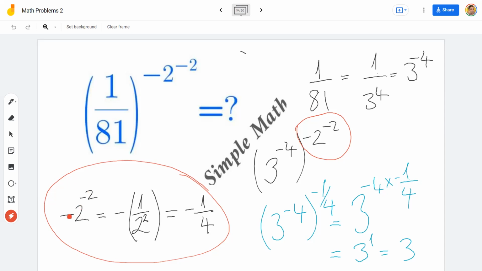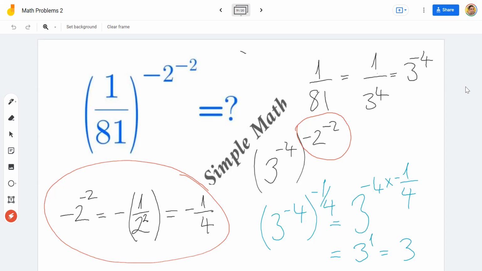So we shouldn't include the negative sign. That's why if we move this to the bottom, it will be 1 over 2 power 2. And 2 power 2 is 4, and the negative sign remains there, so negative 1 over 4.